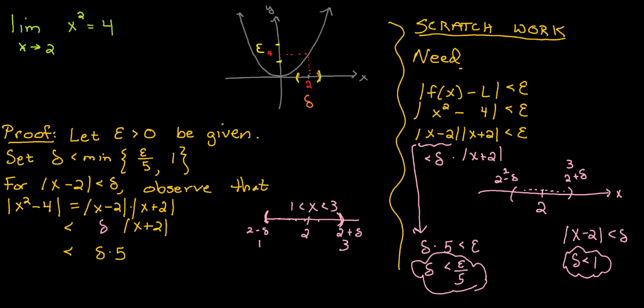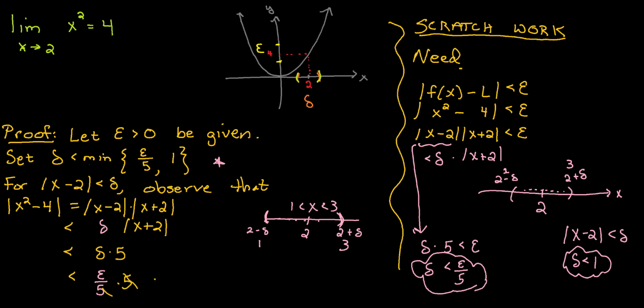Using our argument up here, where we said delta is less than the minimum of epsilon over 5 and 1, well, it's certainly less than epsilon over 5, so we can replace that amount. Replacing our delta here, this is less than epsilon over 5 times 5. Goodbye, goodbye.